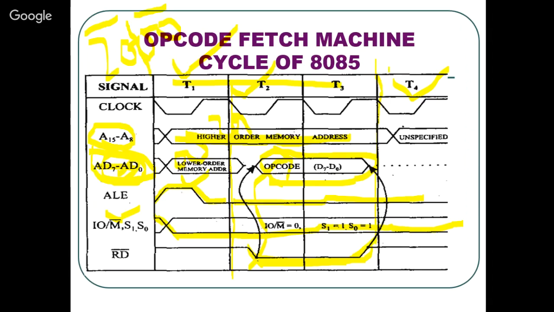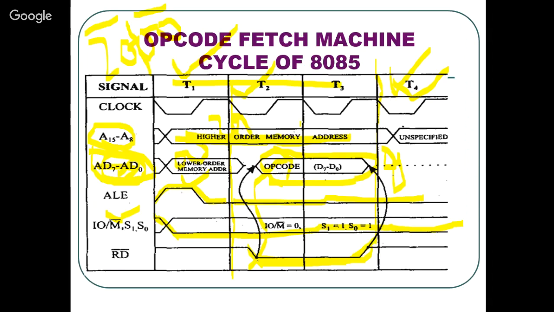That's why T4 is known as the opcode fetch time state. So for the opcode fetch machine cycle, microprocessor 8085 will take 4 time states generally. Like we said earlier, for some instructions, such as register pair operations, the microprocessor will take 6 time states.